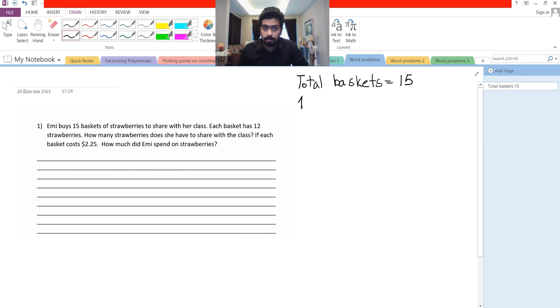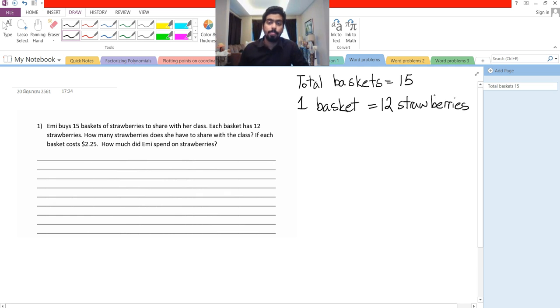One basket is equal to 12 strawberries. Okay, so we know the total amount of baskets, and we know that each basket consists of 12 strawberries. Now the first question is, how many strawberries does she have to share with the class?